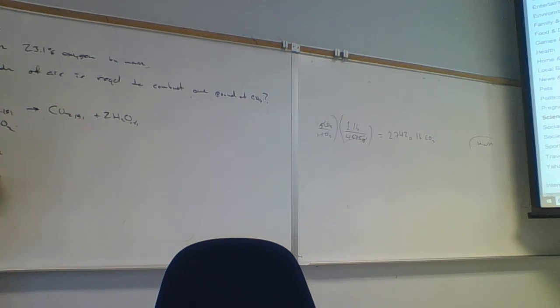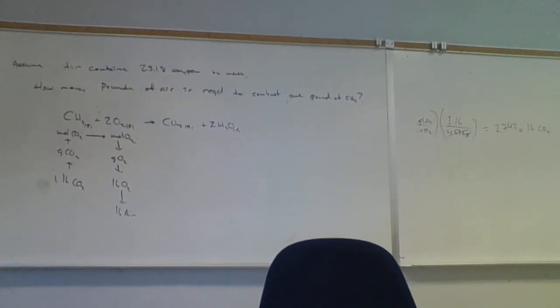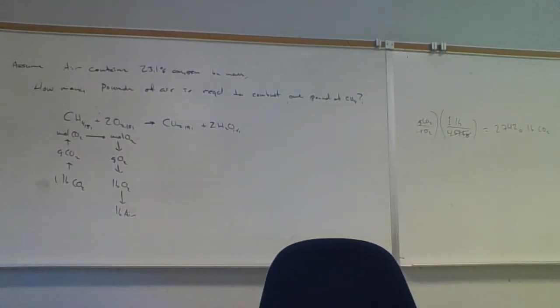But this is pounds of pure O2. And so from pounds of pure O2, we're going to go to pounds of air. So this is what they would call an advanced problem, because we have to do an additional step here to figure it out. So this is just pounds of air.